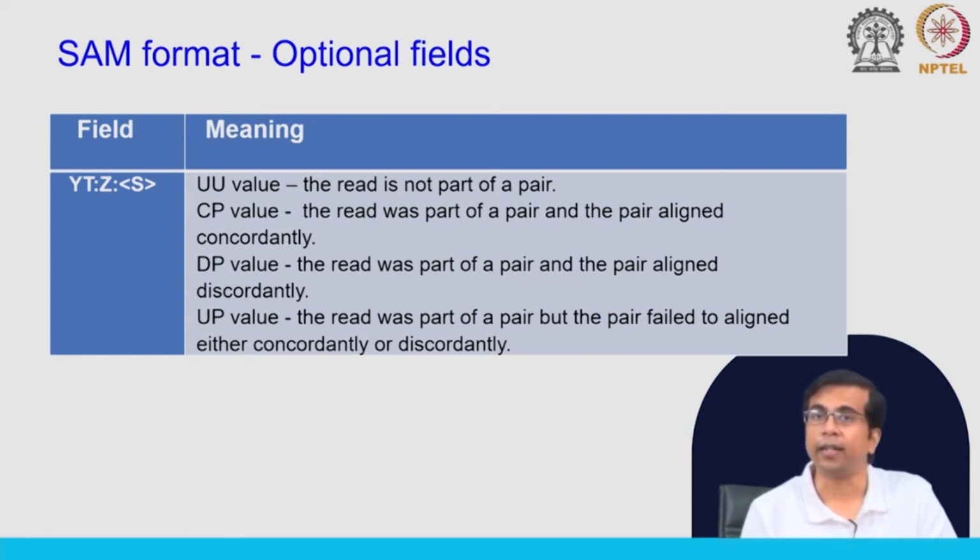If you see YT:Z:DP, it means this is a discordant mapping, and perhaps we want to look at those data carefully, because if there is an indication of structural variation or gene fusion, etc., those will be found with this discordant mapping. Then you have UP value: the read was part of a pair, but the pair failed to align concordantly or discordantly. So, this means you have single mapping, only one of them aligned. They did not map as a pair.